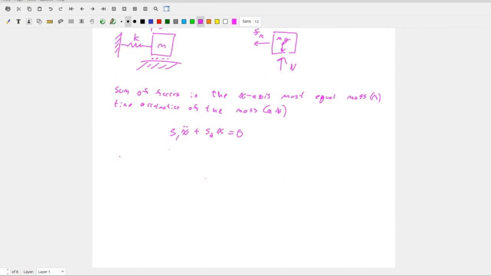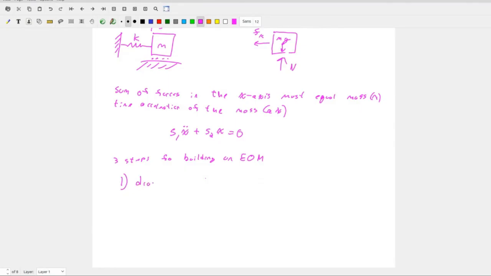So you've got 3 steps for building an equation of motion, and these are literally laid out for you on the homework.